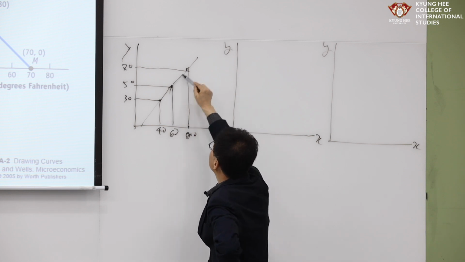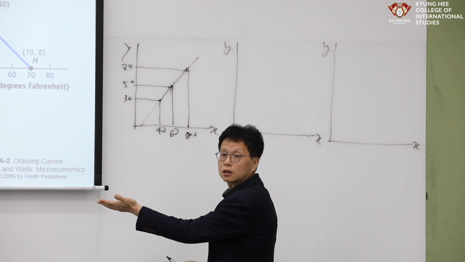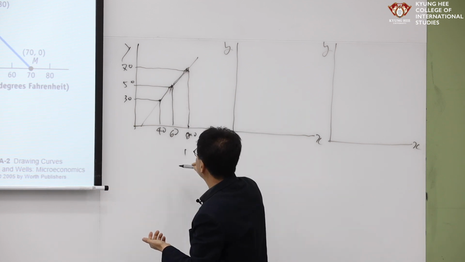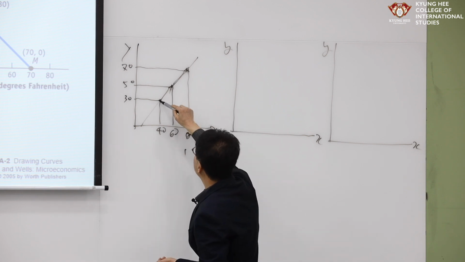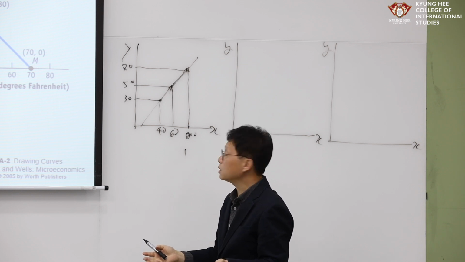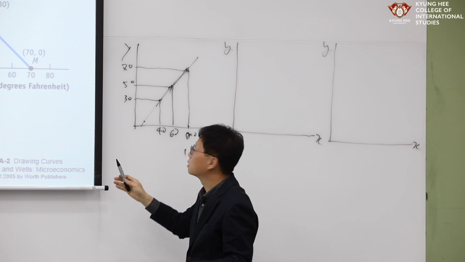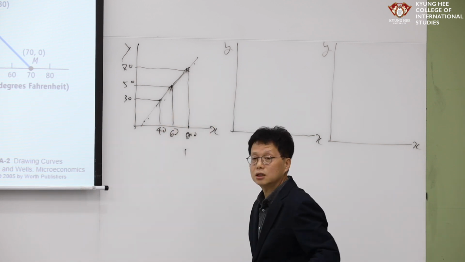We moving here to here, we can calculate the changing rate again, and we realize that it is equal to 1. Changing rate is equal to 1. Moving here to here, changing rate is 1. Every point, changing rate is the same.